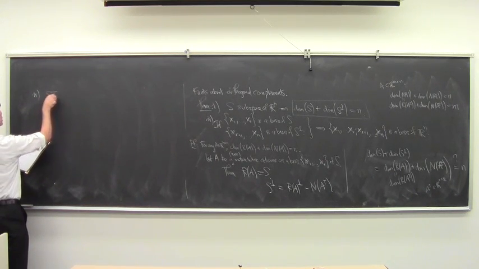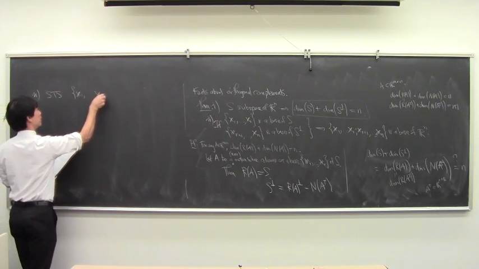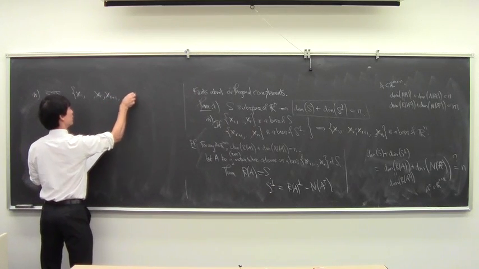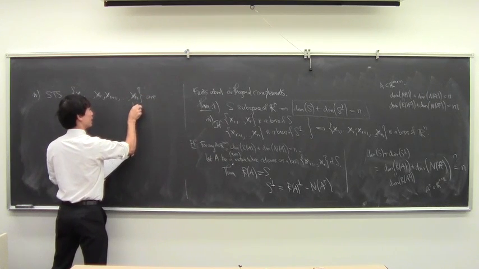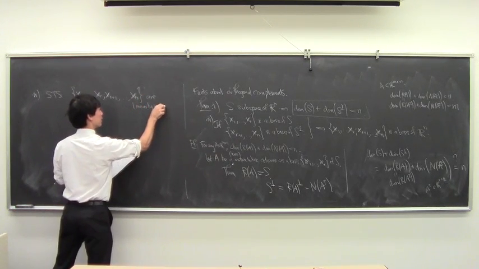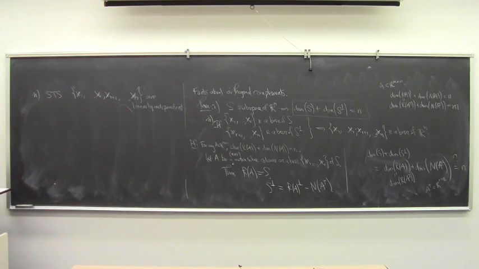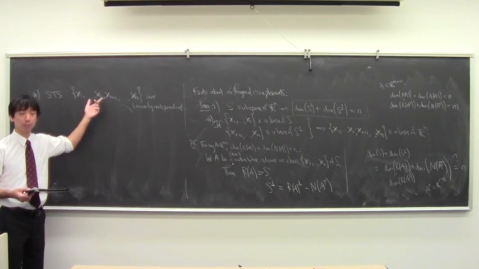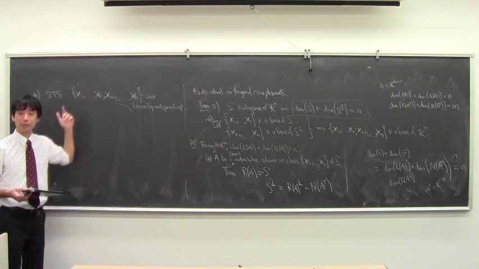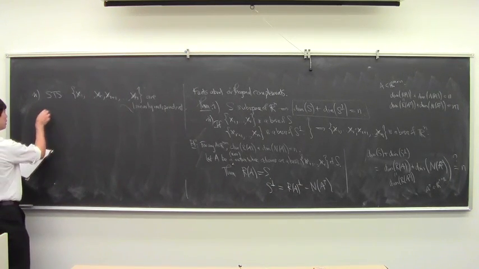It suffices to show that these guys are linearly independent, because we have n vectors in Rn. So we don't need to show both independence and span. It suffices to show one of them, as you may recall. So let's show that they're linearly independent.